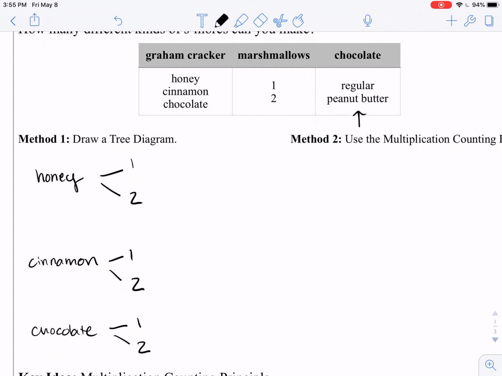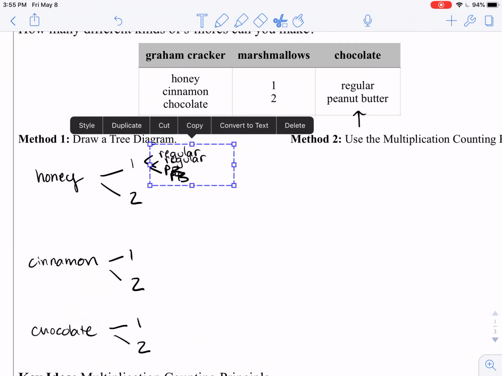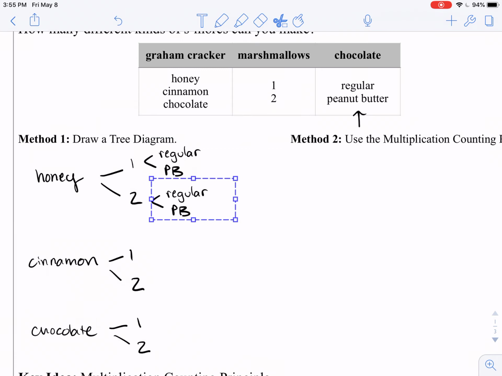And then finally, we decide, do we want regular chocolate or do we want peanut butter chocolate? So if we have honey with 1, we can have regular, or we can have peanut butter chocolate. We take that same process, honey with 2 marshmallows, regular chocolate, or peanut butter.